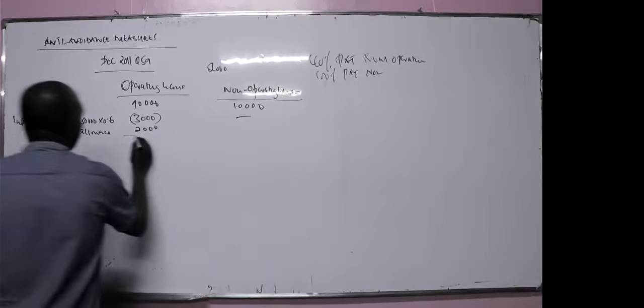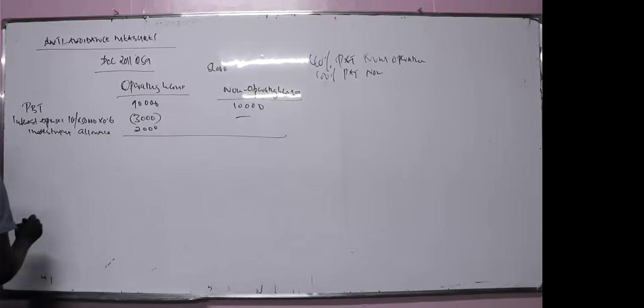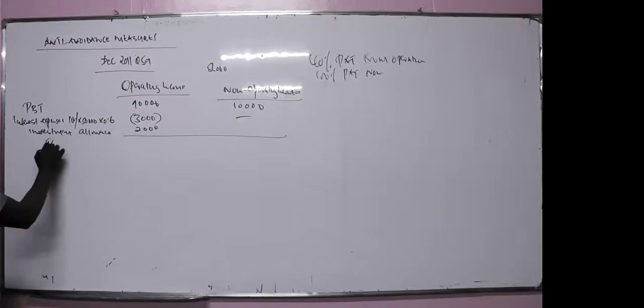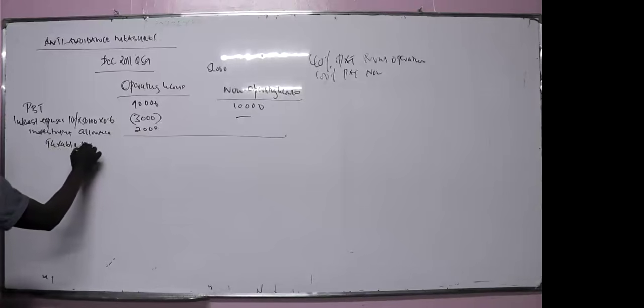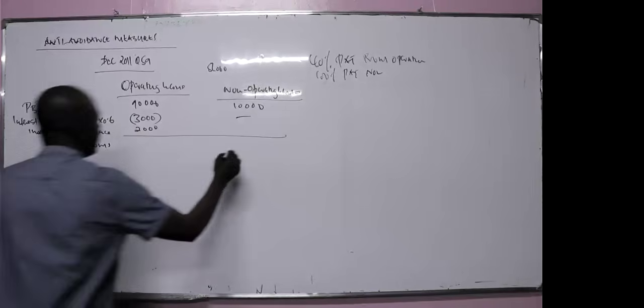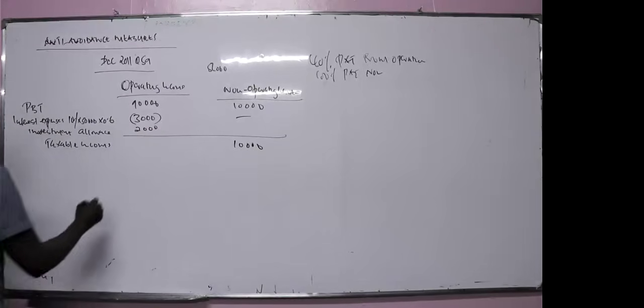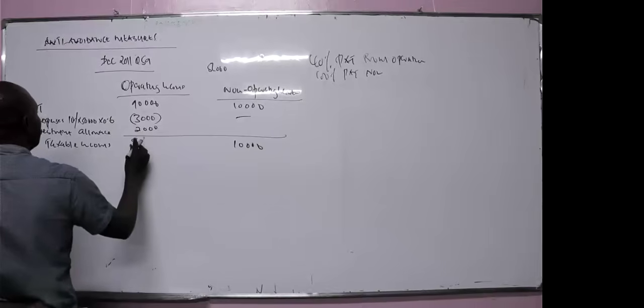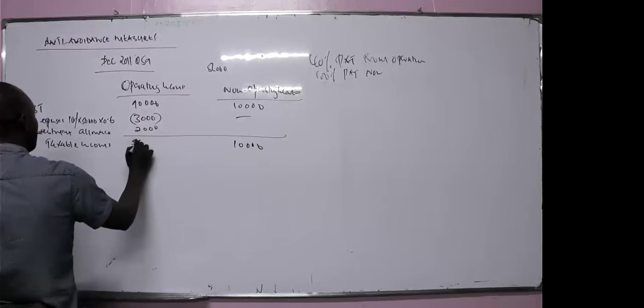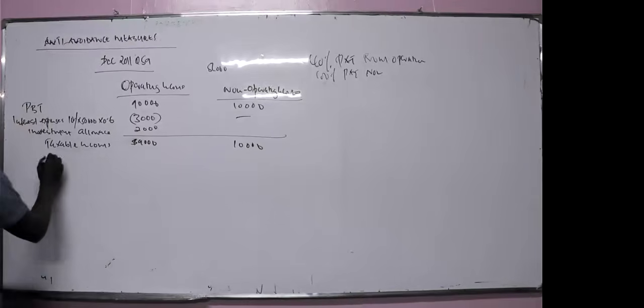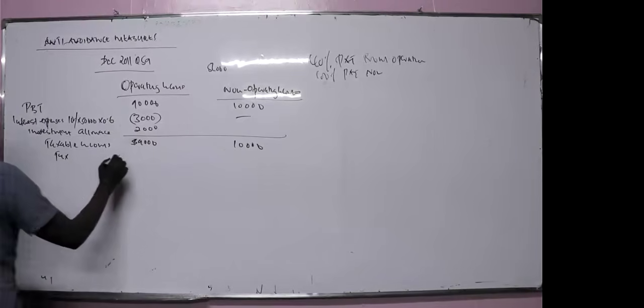Then here we get the profit before tax, taxable income. So we get your taxable income. So here it will be 10,000. And here, 89,000. Then now we less tax at 30%.